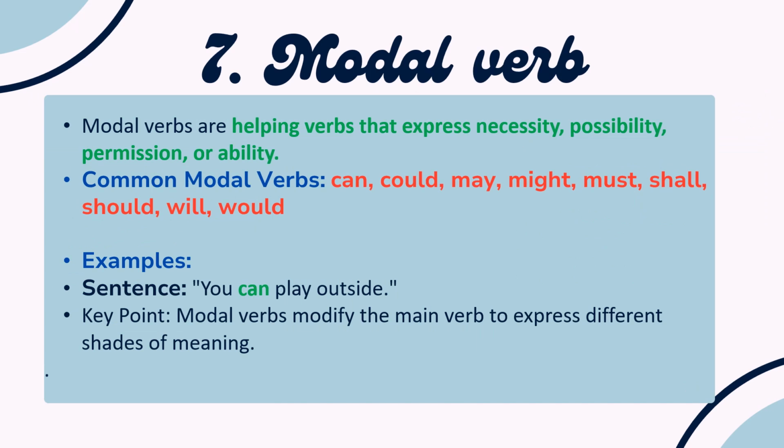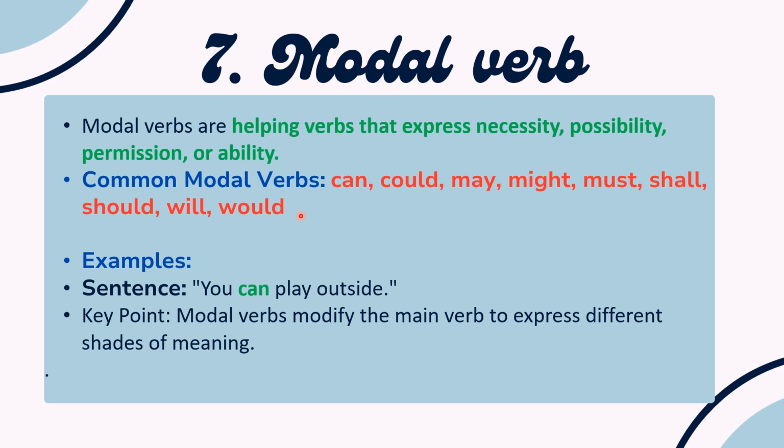Now, next comes the modal verb. What do we have in modal verbs? Modal verbs are the helping verbs which are used to express necessity, possibility, permission, or ability. What kind of modal verbs can we use? It could be can, could, may, might, must, shall, should, will, or would.